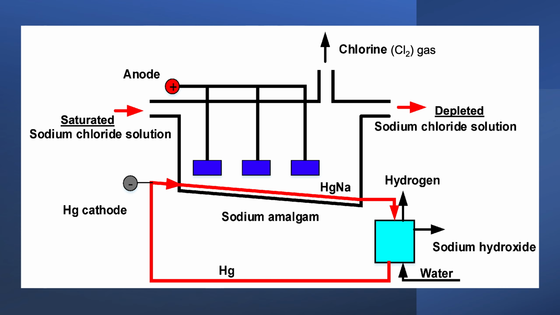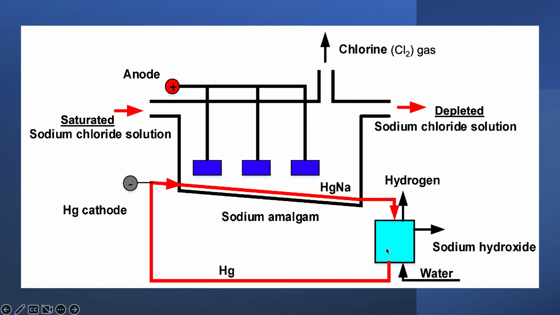Okay, so let's take a look at the construction of our mercury cell. Here we can see we have an inlet into which a saturated sodium chloride solution enters. We have our positively charged graphite anode and our negatively charged cathode over which liquid mercury flows.